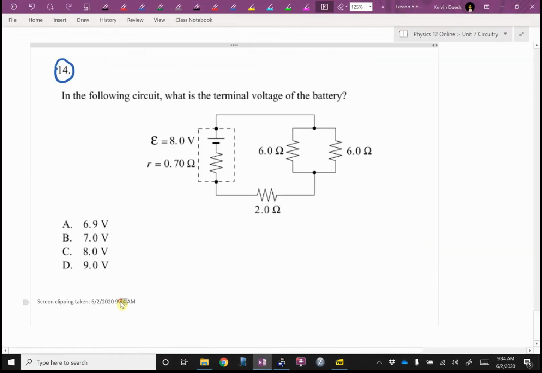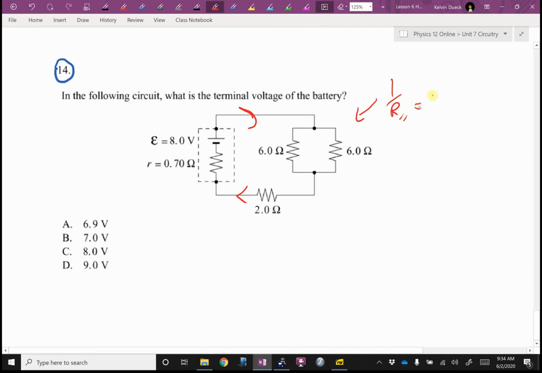What's the terminal voltage of the battery? Okay, I think I'm going to have to rewrite this. That's downhill. 1 over R parallel is 1 over 6 plus 1 over 6. R parallel equals 2 over 6, so 6 over 2, which is 3 ohms.